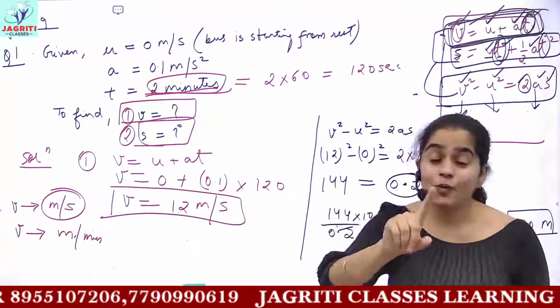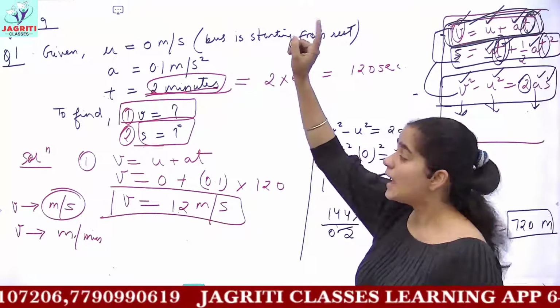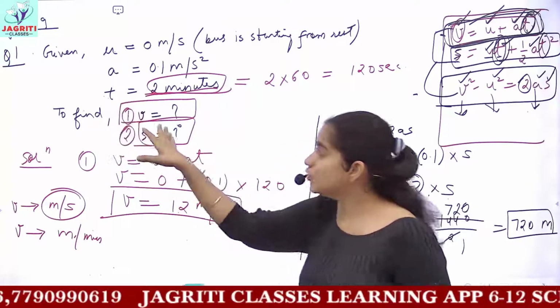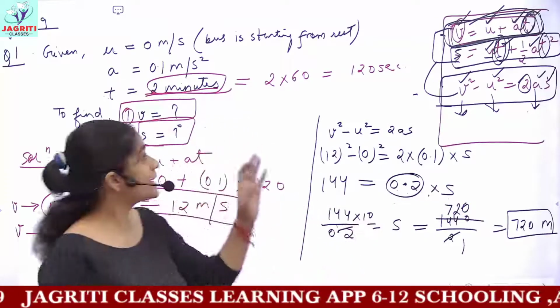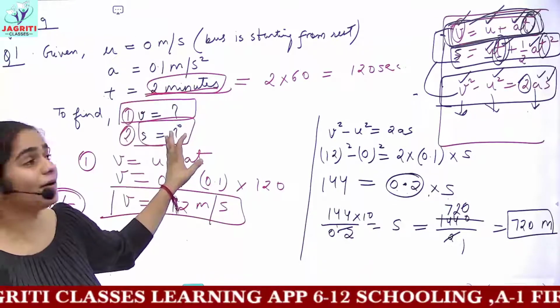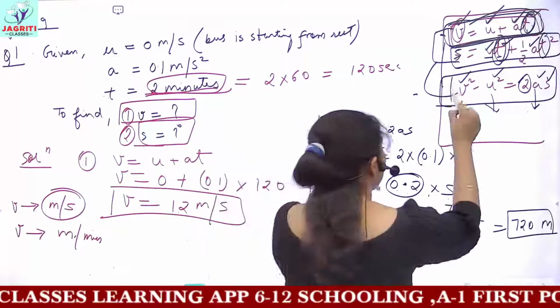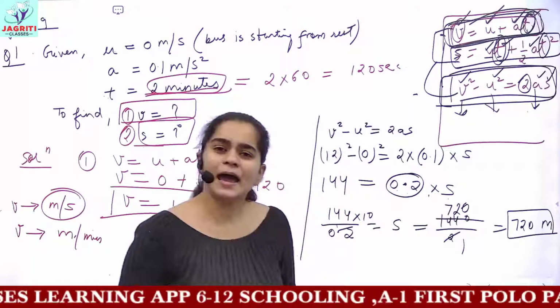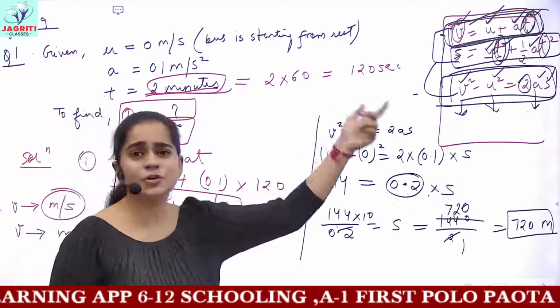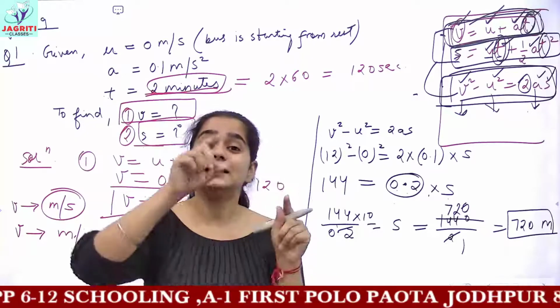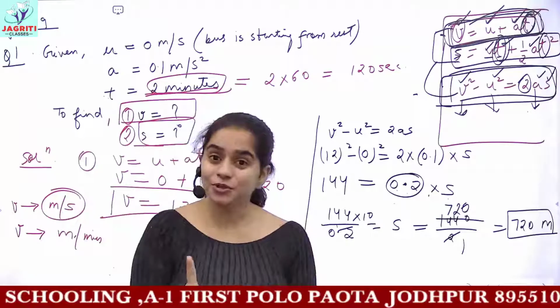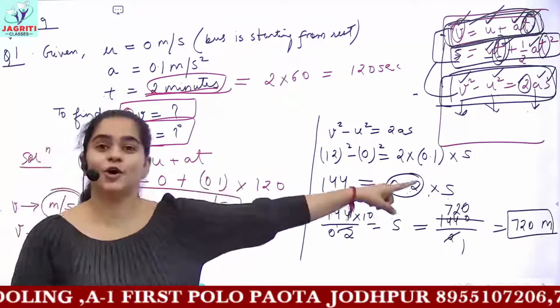But if time is neither given nor to be found, then you can directly apply this third equation. Or else you can just check it out. In every equation you should have one unknown variable and all the rest of the variables should be known to you, then only you can solve your questions.